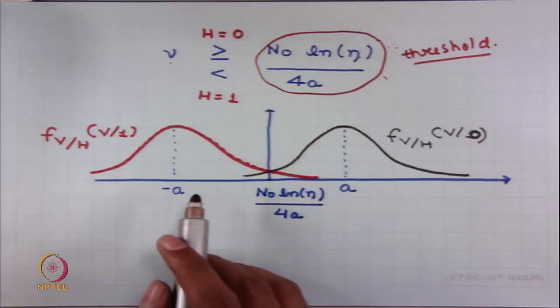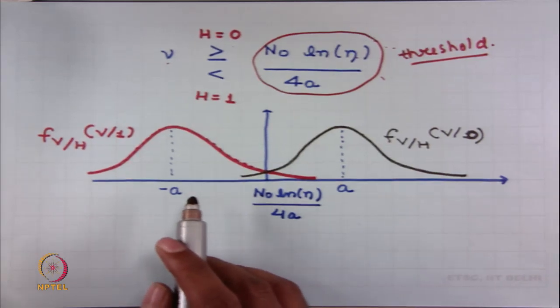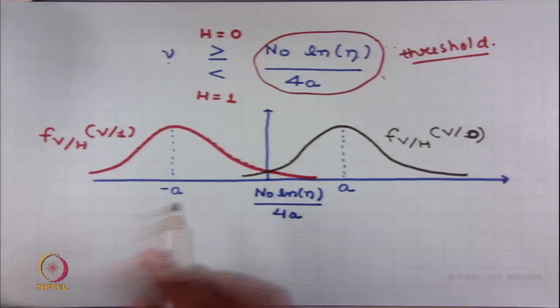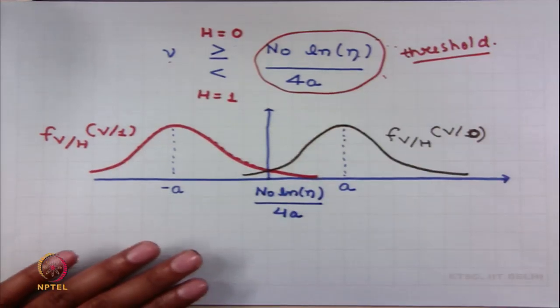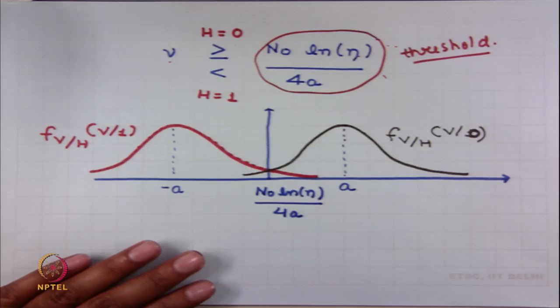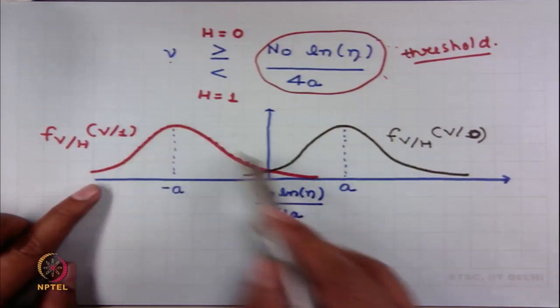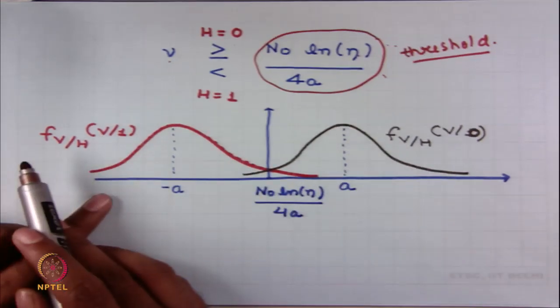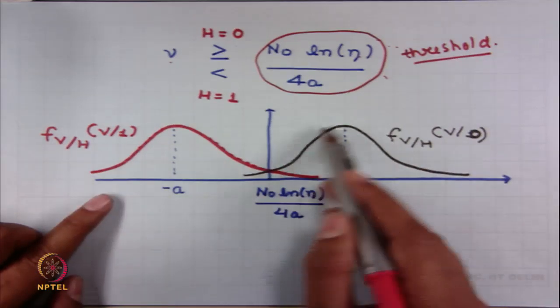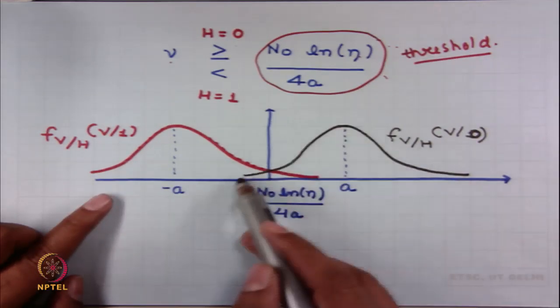All right, now the next job, once we have identified the likelihood ratios, log likelihood ratios and the threshold, is to estimate the probability of error. It will be helpful to plot the likelihoods for these two hypotheses. We know that these likelihoods follow a Gaussian distribution.